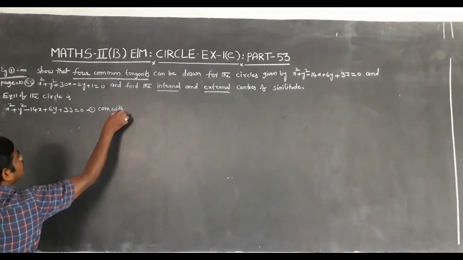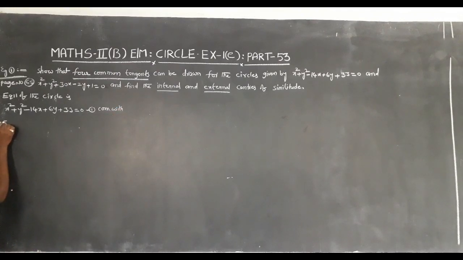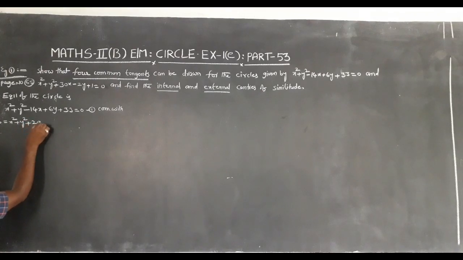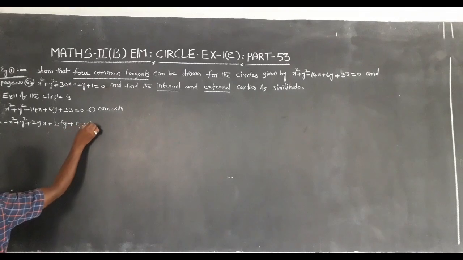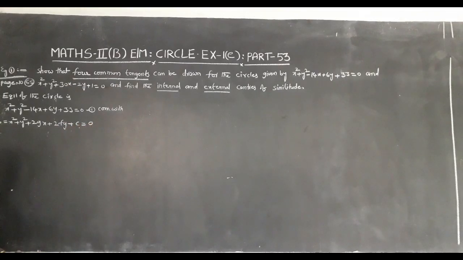Comparing with the general equation x square plus y square plus 2gx plus 2fy plus c is equal to 0, here x coefficient 2g is equal to minus 14, g is equal to minus 14 by 2, g is equal to minus 7.